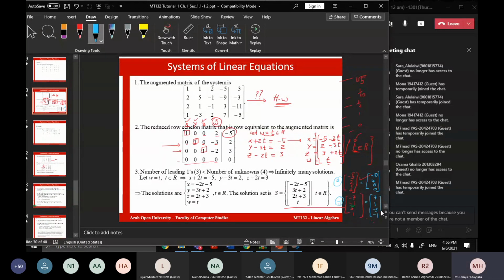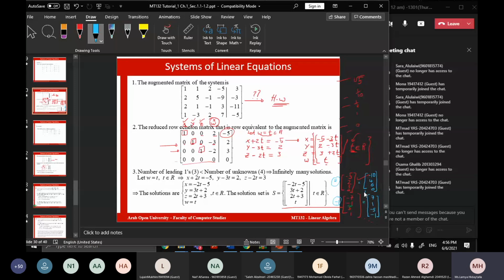Okay. And then add this to that. What will you get? Minus 10 plus 7 is minus 3. And then 4 plus 1 is 5. And then 6 minus 5 is 1. And then 0 plus minus 1 is minus 1.